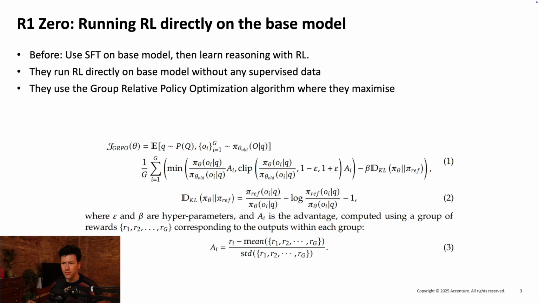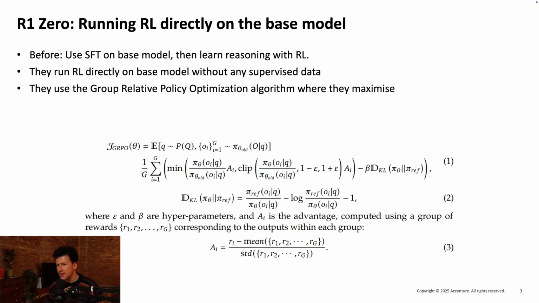So if you have one prompt, for example, solve this mathematical equation, and you just let it run one time, it probably doesn't give you the right result. But if you let it run 10 times or 20 times, because of the stochastic nature of the LLM, it will always produce a slightly different response. And in some instances, it may get it right or not. And this is what is shown here as the G.